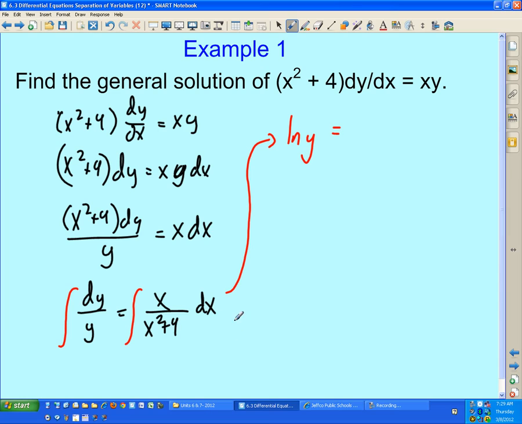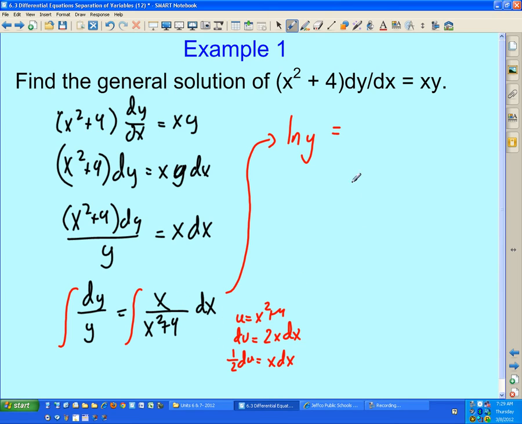If I make u equal to x squared plus 4, du will be 2x dx, which means that I could replace the x and the dx with that, but I've got twice as much as I need, so I divide by 2 on both sides. And so I can replace x dx with a half of du.